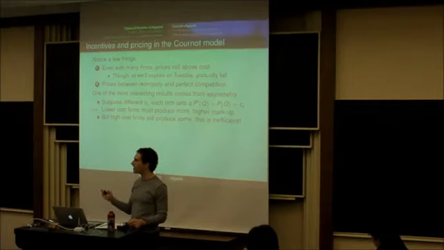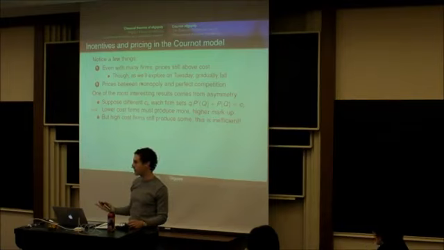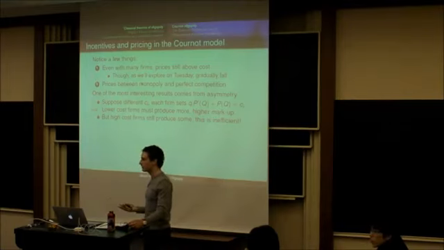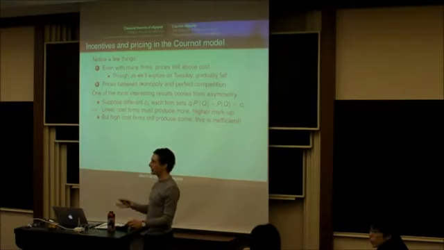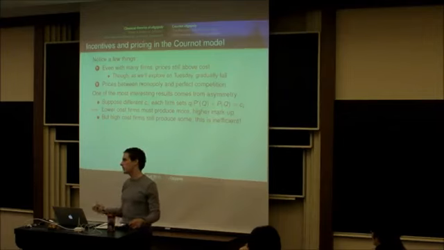But the problem is that the high-cost firms are still going to be producing some, right? Unless their cost is so high that they go above the top of the marginal revenue curve, they're still going to be producing some, right? And that's really inefficient, right? Because ideally, all of the goods should be produced by the low-cost firm. It's wasteful for some of them to be produced by the high-cost firm.